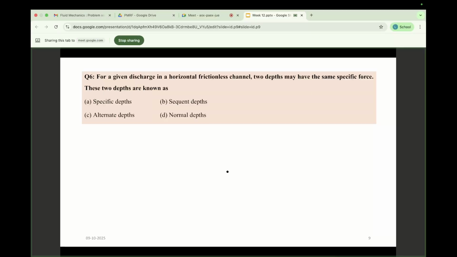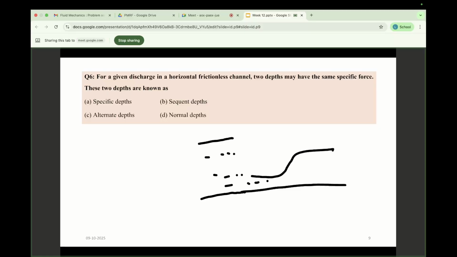Before this depth, I am just drawing the previous diagram above. You remember this diagram? So this blue one is a gate, right?